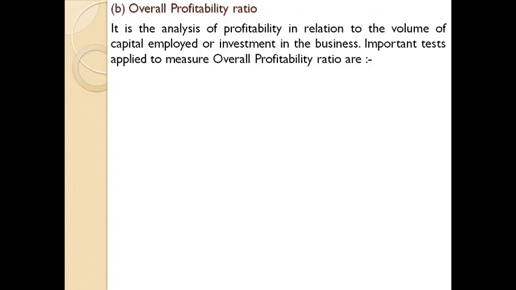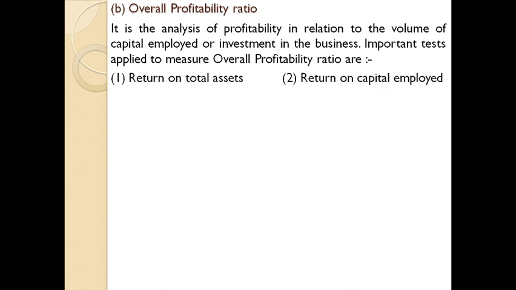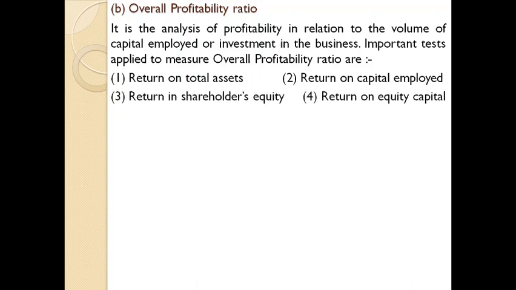Management and shareholders are interested in ascertaining the return on capital employed or return on shareholders' funds. Some of the important ratios that come under overall profitability ratios are return on total assets, return on capital employed, return on shareholders' equity, and finally return on equity capital.